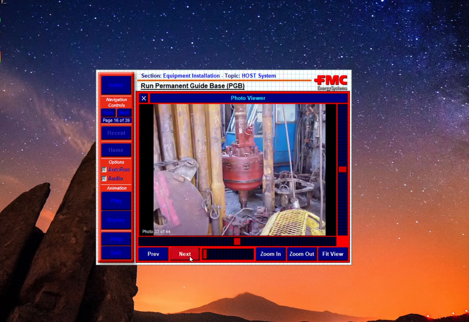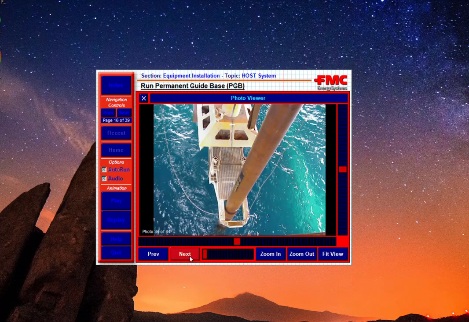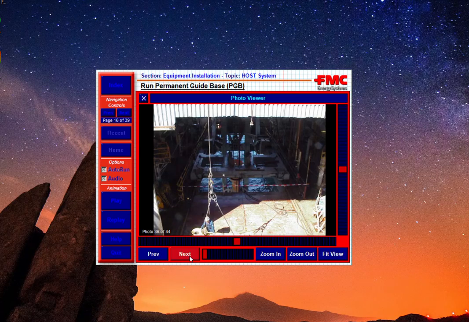This is the running tool that locks into it. This is how you run it into the sea. What you see here is the moon pool of the rig, and you'll see that they're using what is called the BOP trolley. So the BOP on a subsea rig is on the side, and it goes on rails, like a train.